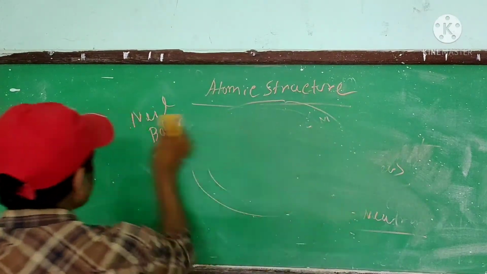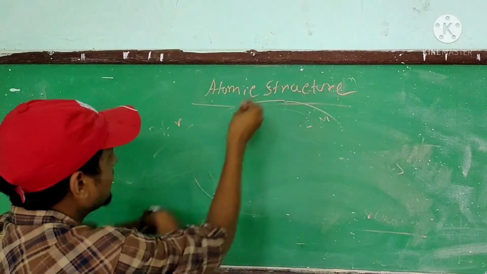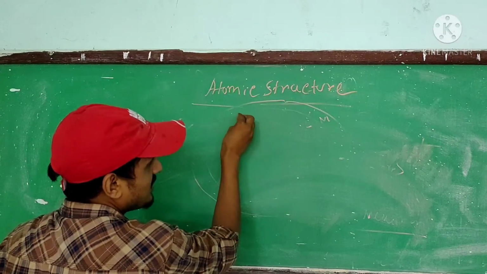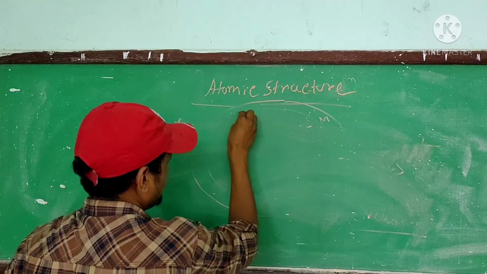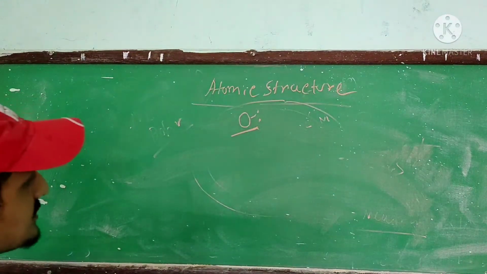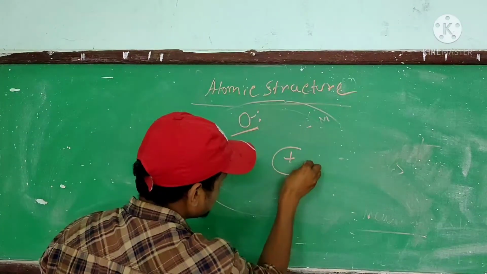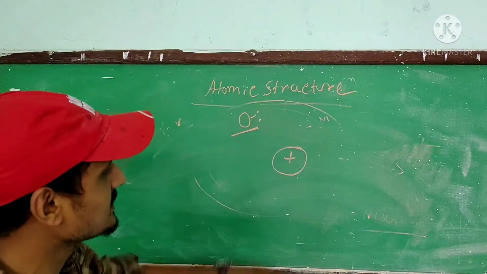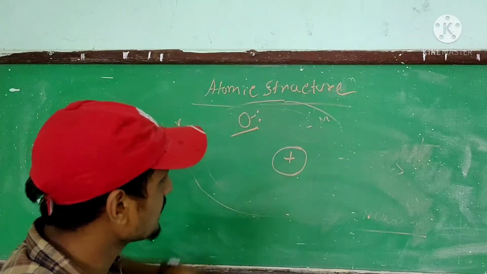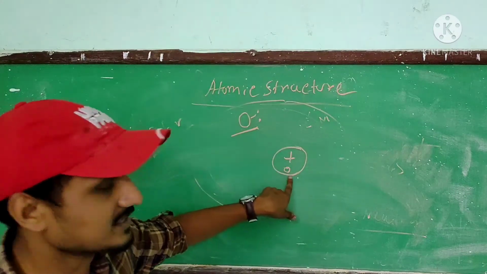Say I am taking the atomic structure of oxygen. Oxygen will have this kind of nucleus, and the nucleus will be shown by this positive charge, and one neutron can be shown by a circle.